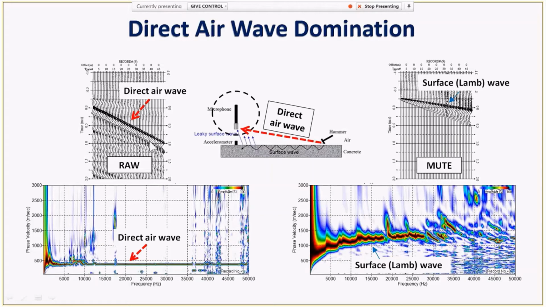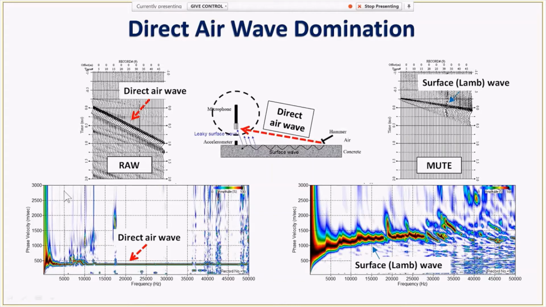If you use this raw data as is to make the dispersion image, by the way, in surface wave methods, creating a proper dispersion image is the most critical part of the analysis. Once you have a very accurately defined dispersion image, you are in very good shape to come up with very good results for your seismic shear wave velocity and thickness evaluation.